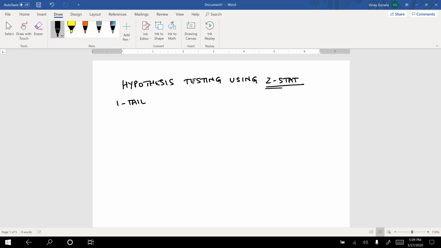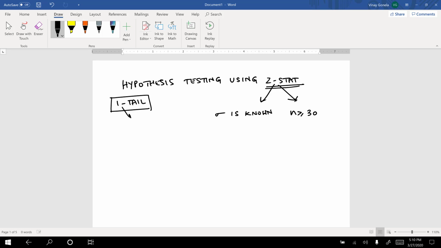So ZStat, we have previously discussed, is used when the population standard deviation or variance sigma is known and the sample size is greater than or equal to 30. We previously discussed two-tail, in which we evaluated both sides of a normal distribution curve.